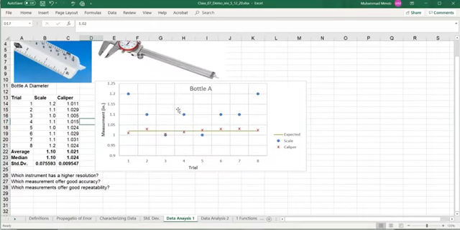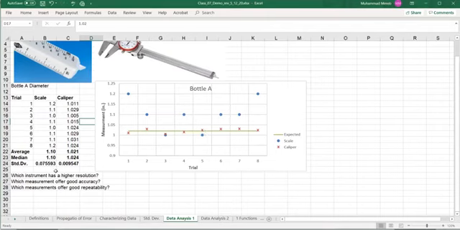You can see they are spread from 1 all the way to 1.2, and so that's a larger range, which is also a higher standard deviation.